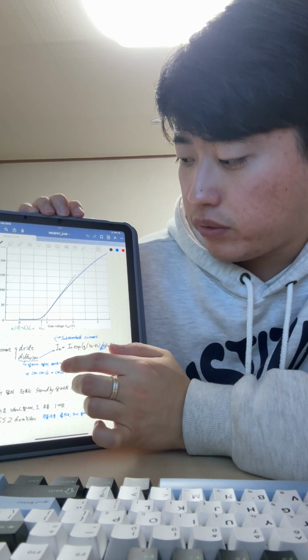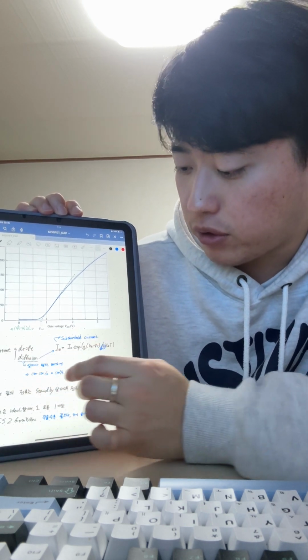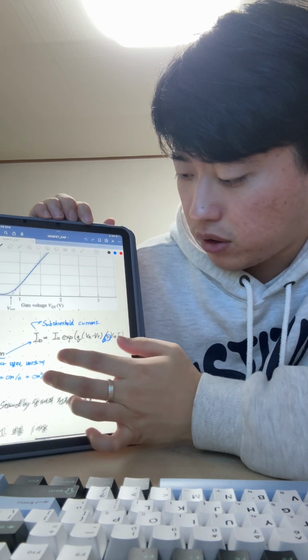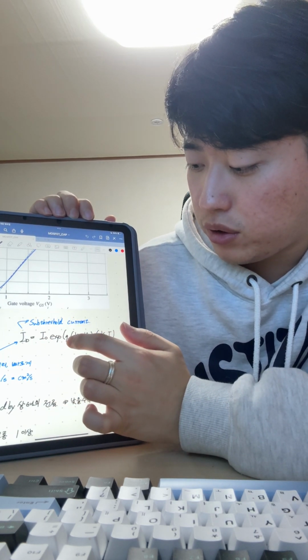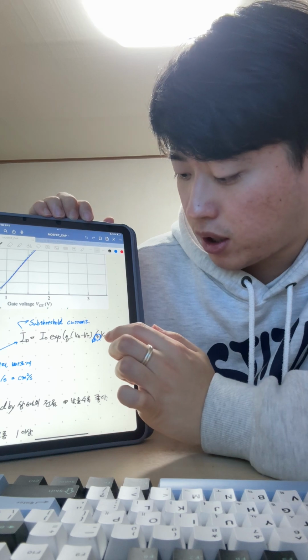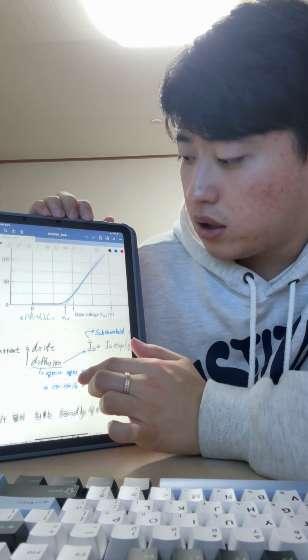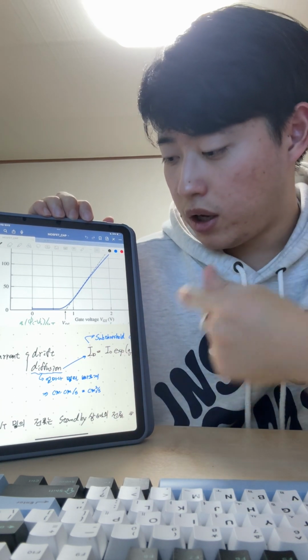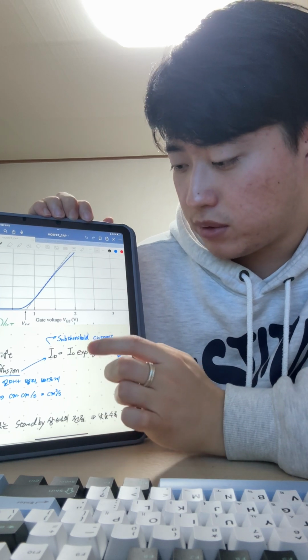So we talk about diffusion current. So here is I0 exponential q(VG minus VT) over n kBT. So n is very important.